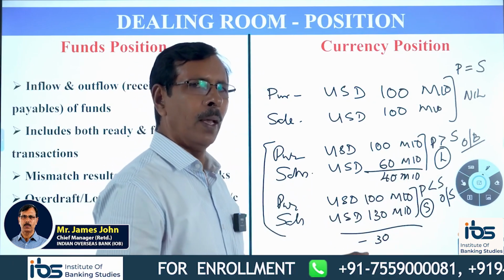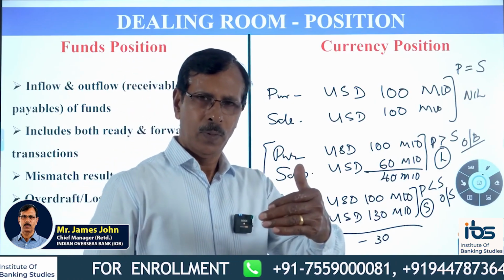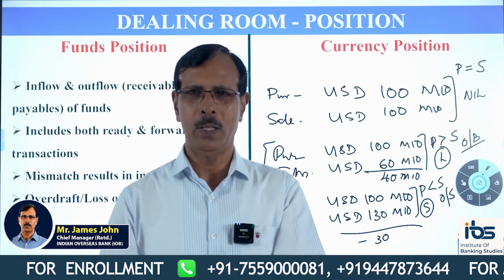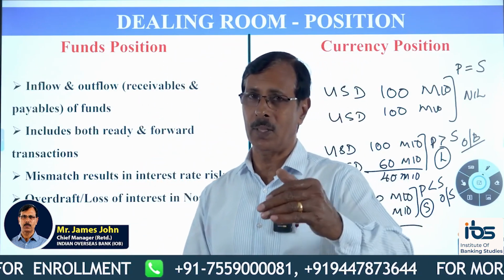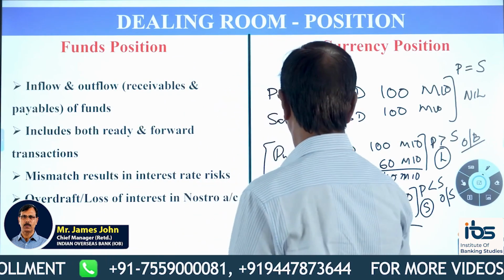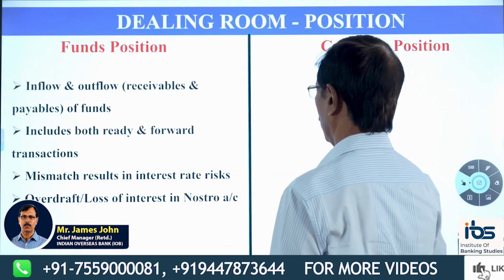That is why the bank will give very clear instruction to the dealer: you have to limit the NOP limit, or the overnight open position limit, within the prescribed amount. So I think the position limit is clear to you.